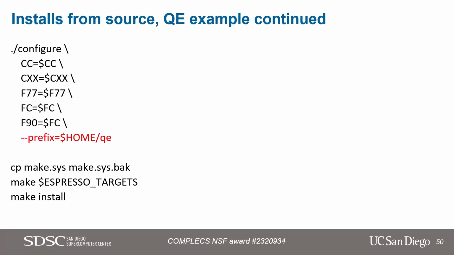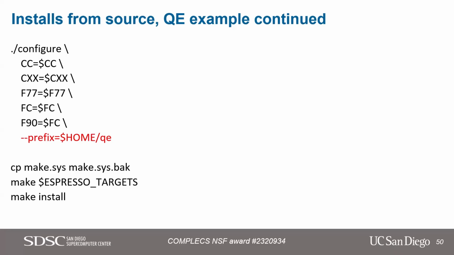And I also want to add a note about the installation location. Here I highlighted the installation location in red. In many applications' configuration step, you can specify where the applications are to be installed, here by the prefix option.